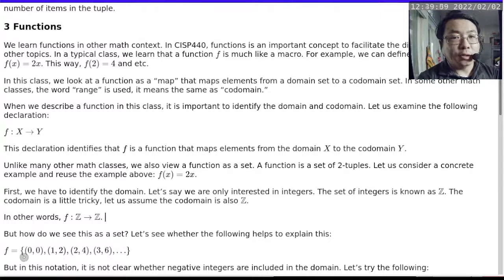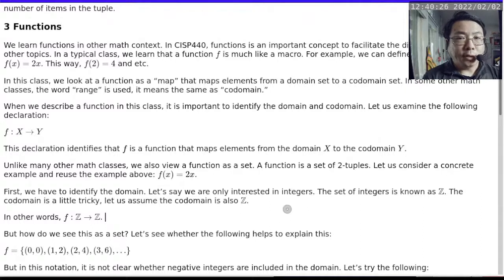So f consists of elements. The first element is (0, 0), which means we are mapping 0 to 0. The next one is (1, 2), mapping 1 to 2, and then we have (2, 4), mapping 2 to 4, mapping 3 to 6, and then obviously on the negative side we should also have -1 mapped to -2, -2 maps to -4, and so on.